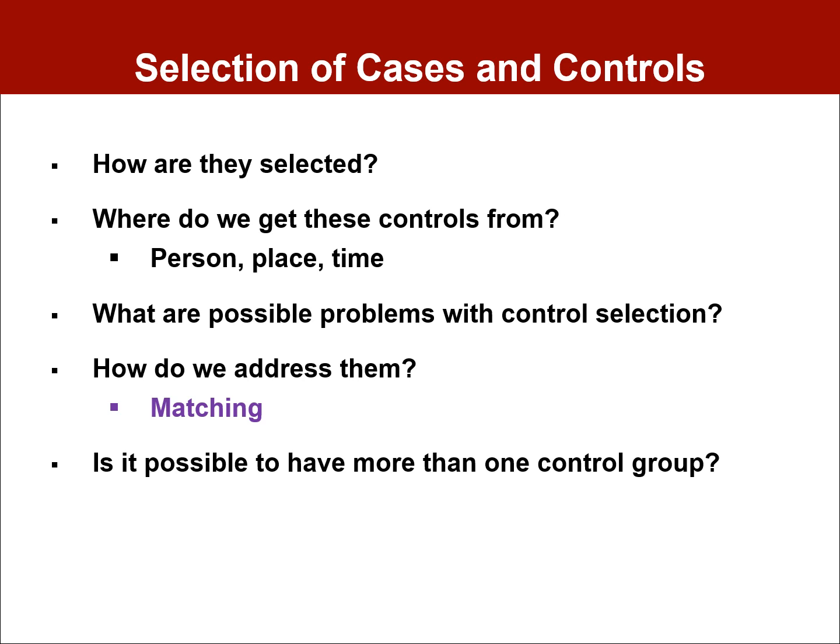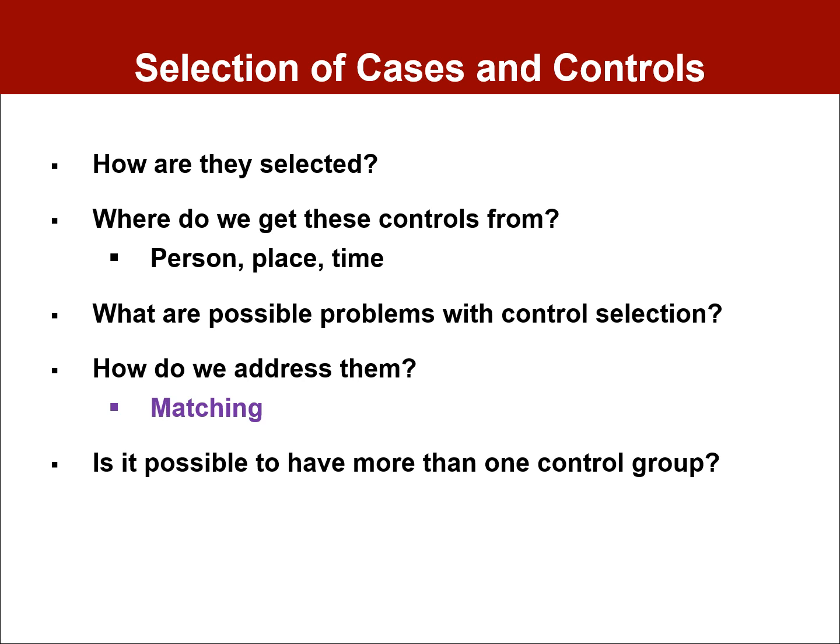Same as with some of the limitations or weaknesses that I mentioned in the previous slide, other problems associated with control selection are that there might be biases in terms of age, socioeconomic status, race, and some of these other factors that are innate to the individual or environmentally influenced. But there are ways that we can adjust for these to minimize this bias.